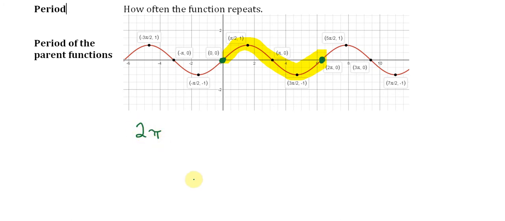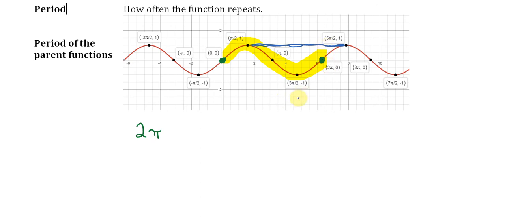Another way we can tell is by using what I call the min to min or max to max. In one period, the wave has precisely one maximum and one minimum. If we look from one maximum to the other maximum, the horizontal distance, and keep in mind this is all horizontal stuff, so we don't care that it's a max of 1.